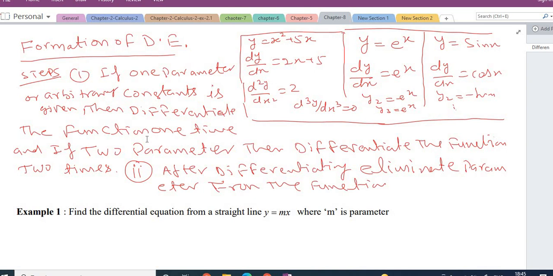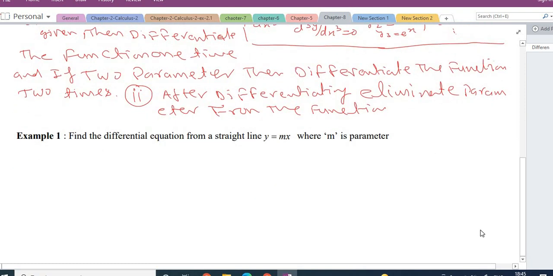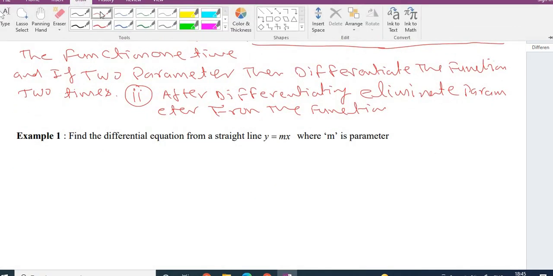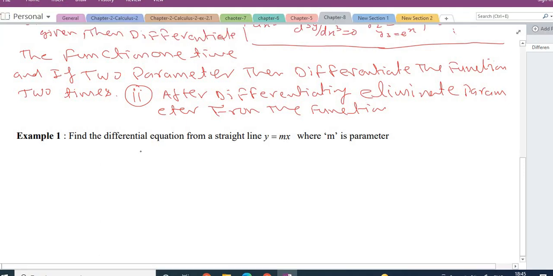Now I'm going to pick one solid example from the handout. Find the differential equation from a straight line y = mx, where m is the parameter. So in this question, it is given that m is a parameter. That means for the formation of differential equation, it is very important that we check how many parameters are given.